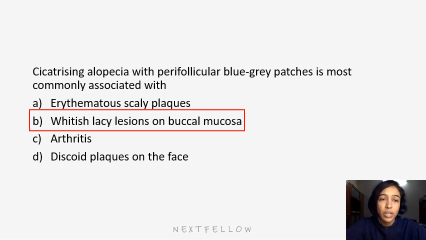And that is associated with the buccal mucosa lesions, again, of lichen planus. The option A, erythematous scaly plaques, is typical of psoriasis. Option B again would indicate psoriasis because psoriasis is associated with arthritis commonly. Option D is discoid plaques on the face. This typically suggests DLE, that is discoid lupus erythematosus. So these are not the answers.